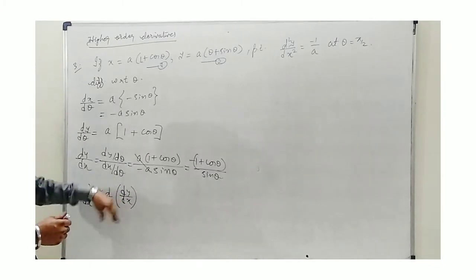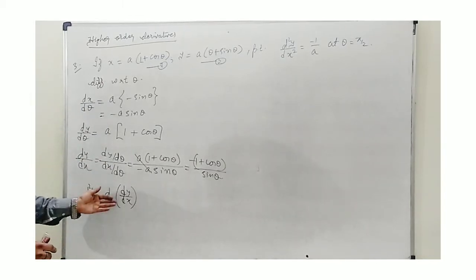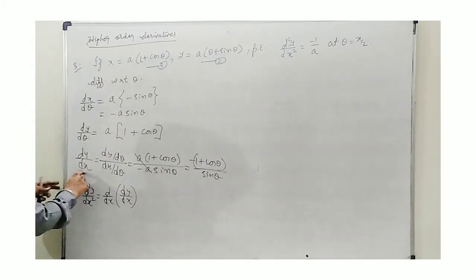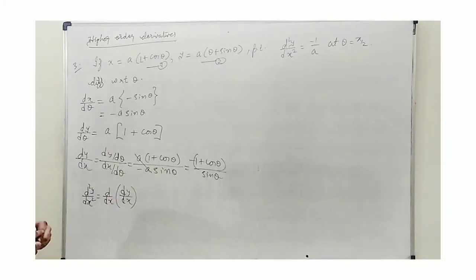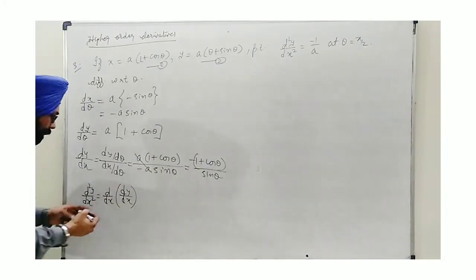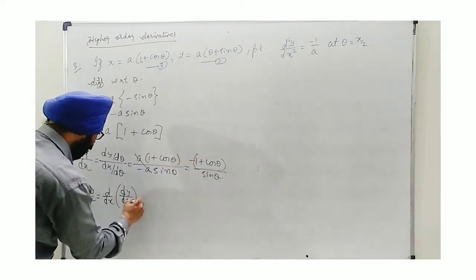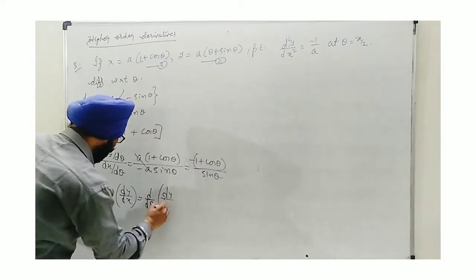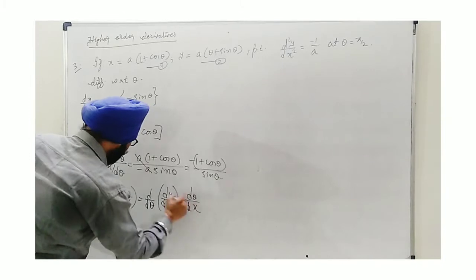In direct differentiation, a person can get confused and directly differentiate the value of dy by dx in terms of theta with respect to x. That will be completely wrong. So what we do? This is d by dx of dy by dx, which is in terms of theta. So we write here d by d theta of dy by dx into d theta by dx.